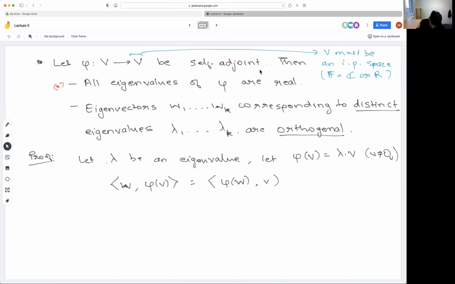So let's also take W to be equal to V. And now it is as if we have switched the order of things in the inner product and still obtained the same value. But now let's see what this inner product is. Because V is an eigenvector, we get that phi of V is equal to lambda times V.